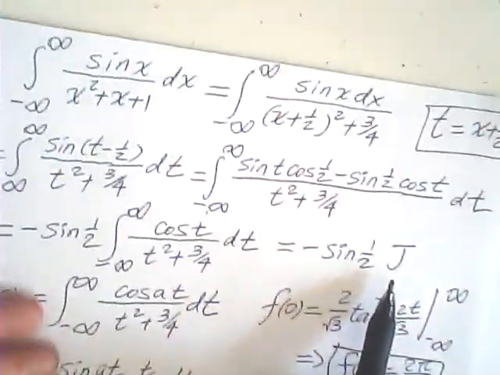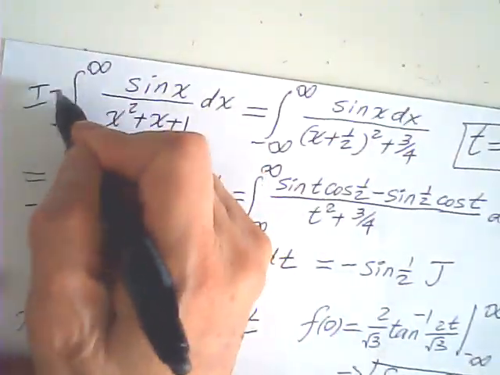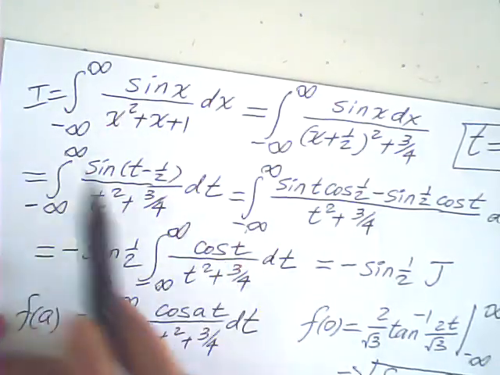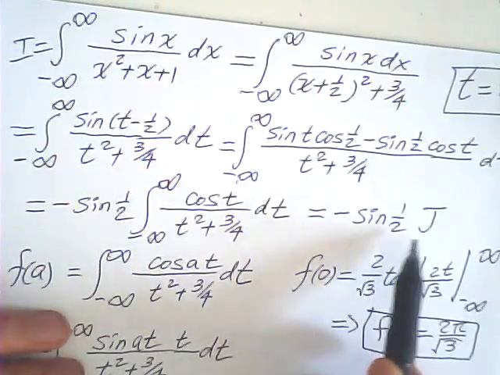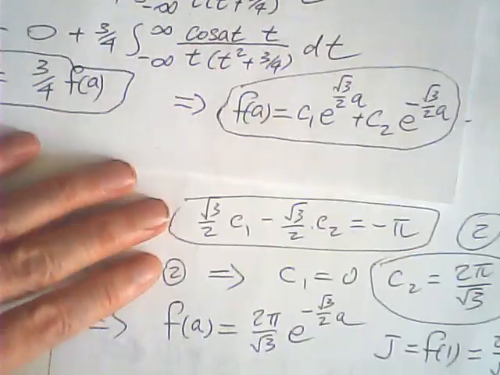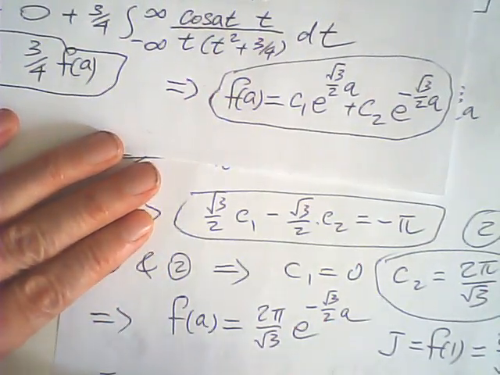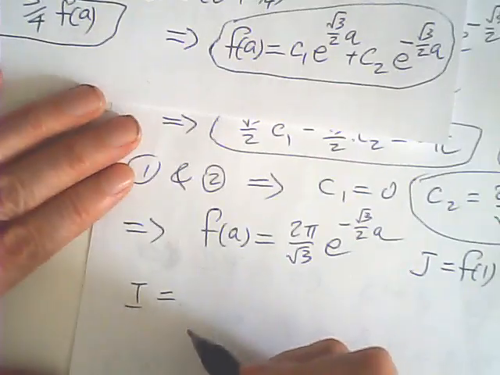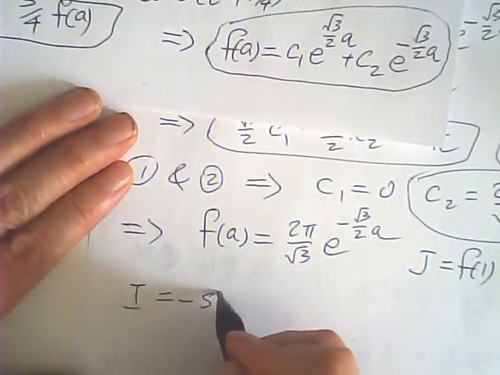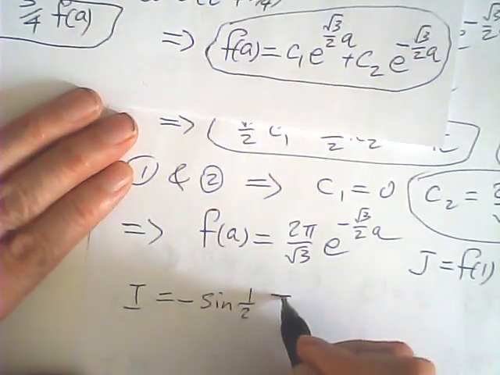Then I plug this j into this, and I get my I. My initial I is equal to negative sine half times j.